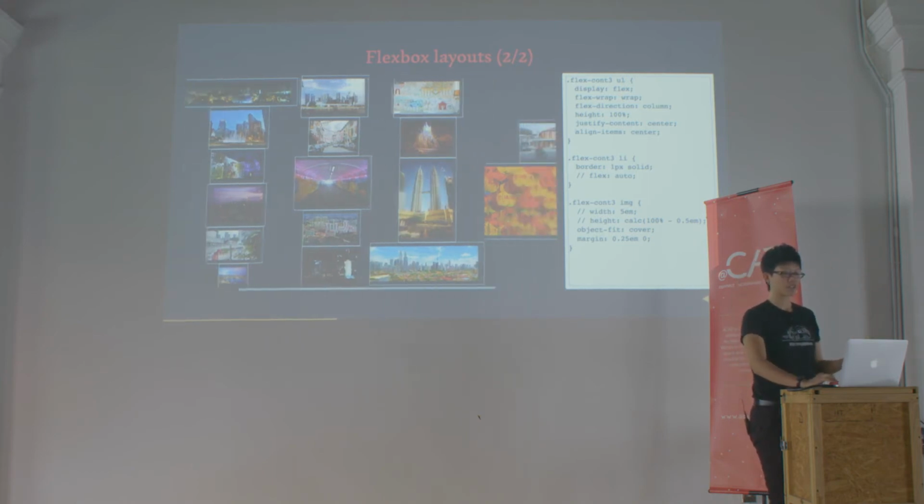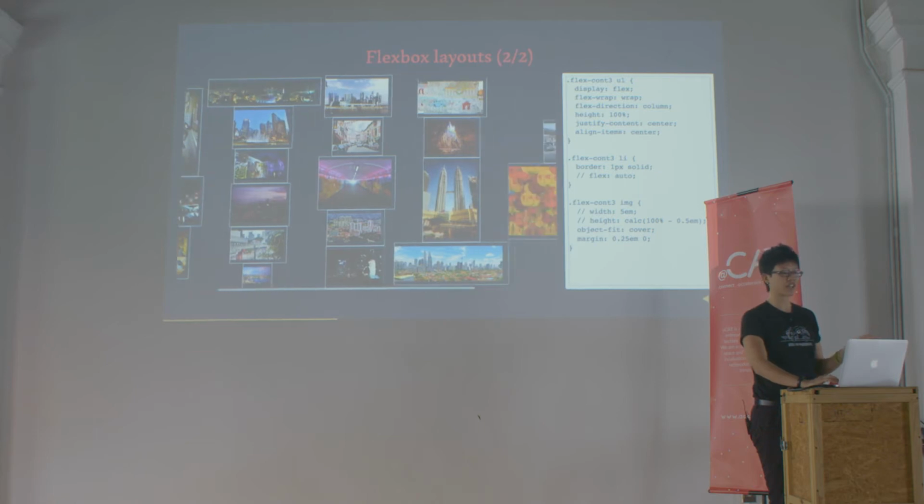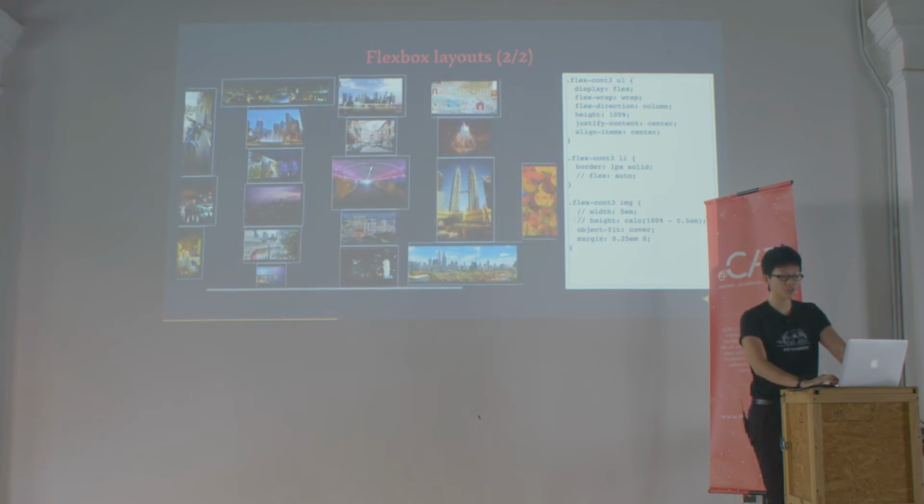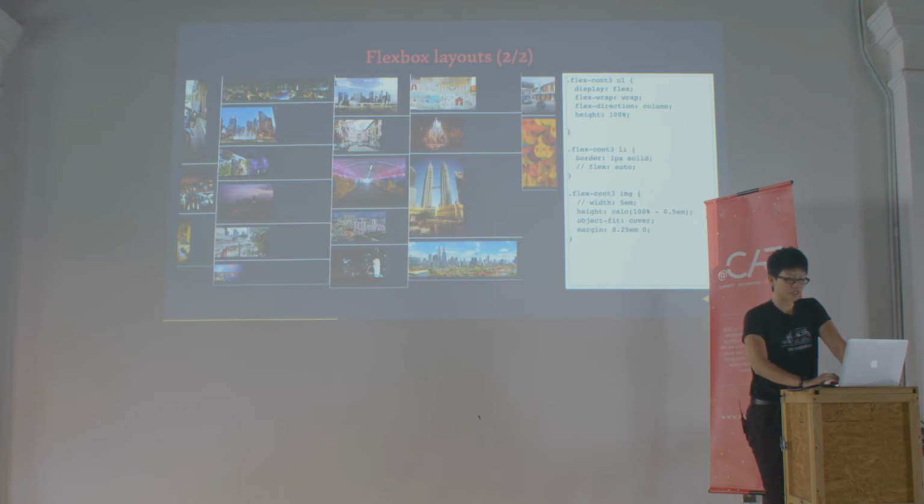Again, this is a jaggedy style layout, which, if we don't want to have something like this, we can make it regular. In this case, I'm going to make the height of the images fill up the container that it's contained in. So I'm making use of this function called calc.